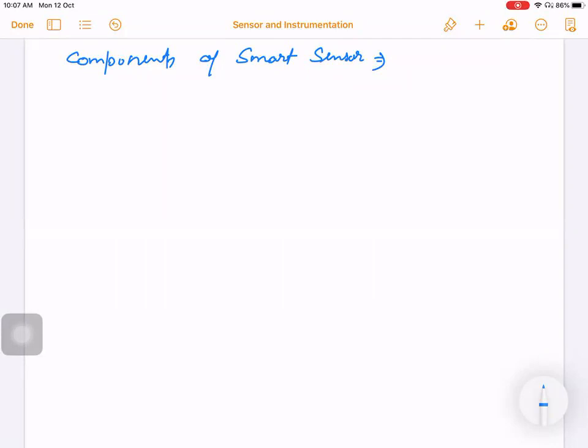Whenever we talk about the components of the smart sensor, as discussed in the previous lecture, I have drawn one figure over there.